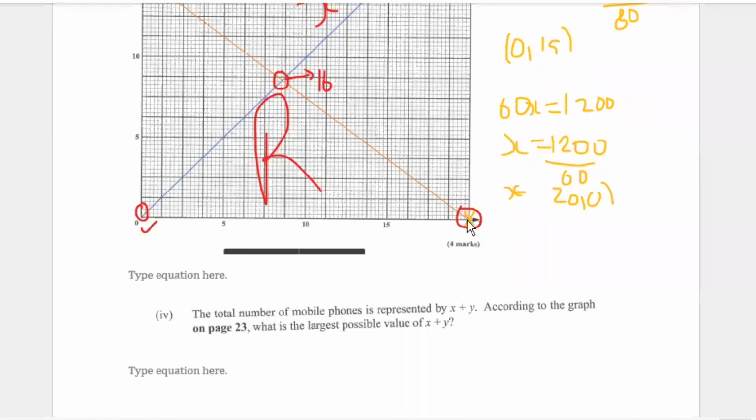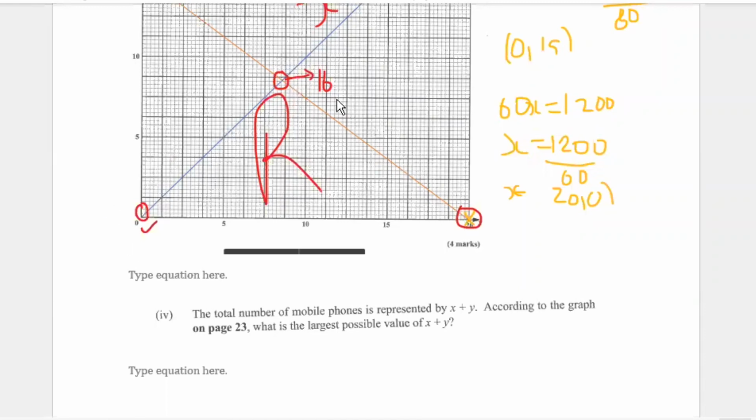So when they ask you for the largest possible value, in this case using the graph, you're looking at the vertices of the areas of the inequality that satisfy the graph, so where they overlap basically. So you're looking for the vertices in that portion.